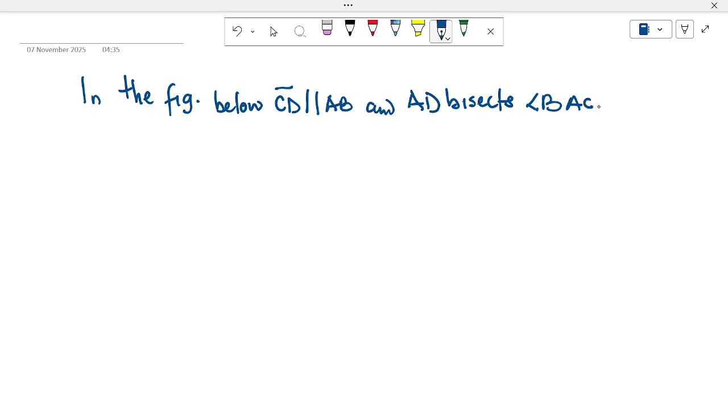What we mean by bisect is that it divides it into two equal parts.